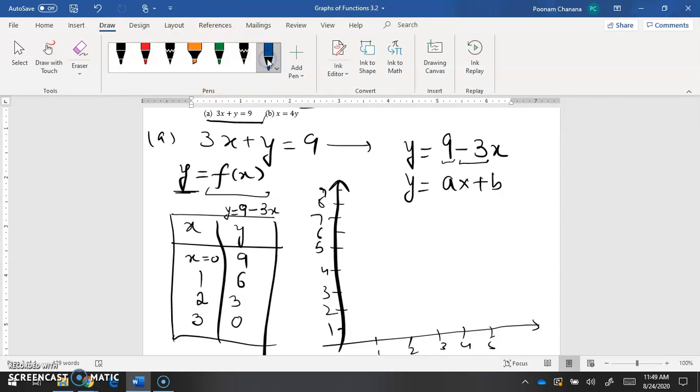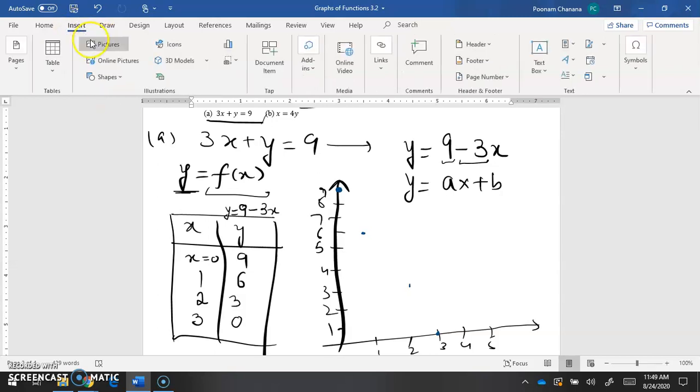So we have this point here. At 1, we have 6. At 2, we have 3. At 3, we have 0. So if you see, we can join this line. This has to be, let me see if I can insert a line to make it straighter.